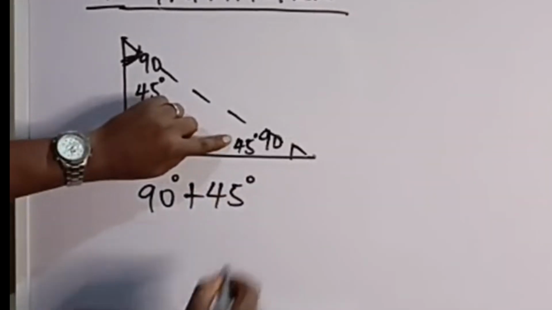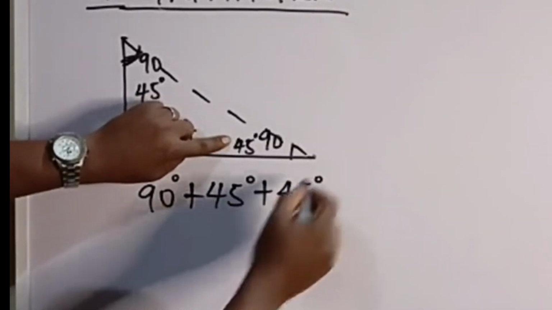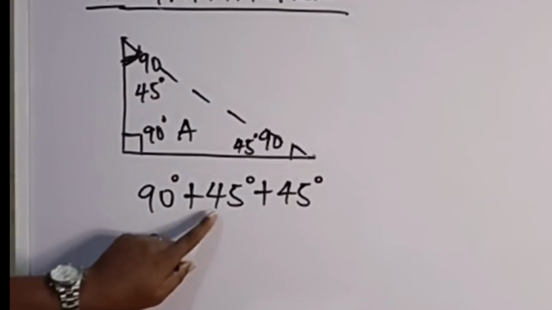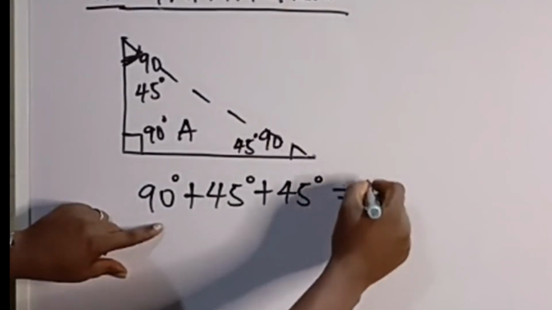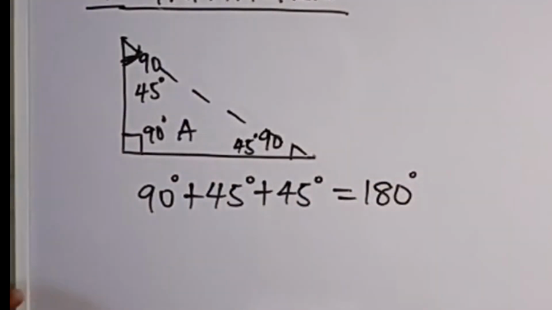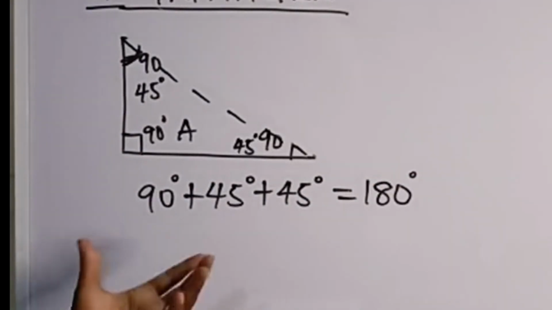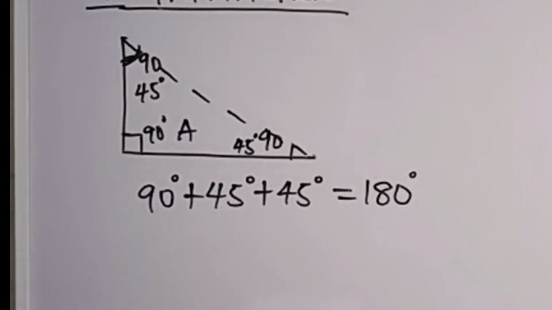This angle here is now 45 degrees, so we have 45 degrees. So 90 degrees plus 45 degrees plus 45 degrees gives us 180 degrees. Therefore, we can say that the sum of angles in a triangle is equal to 180 degrees.